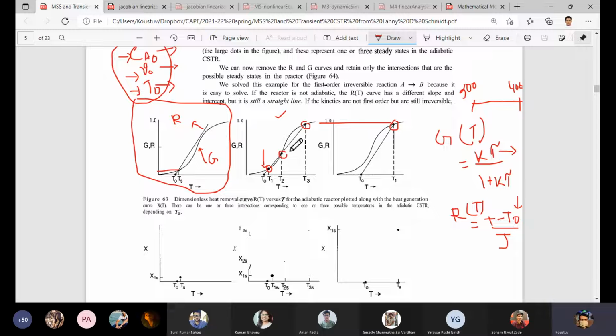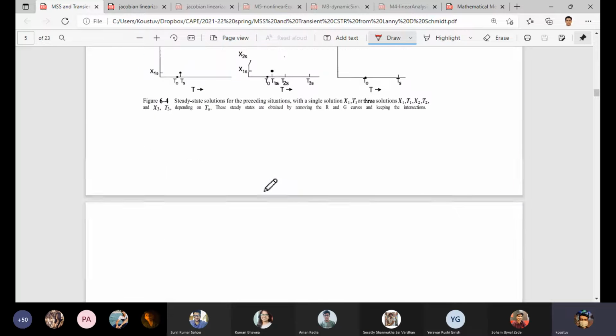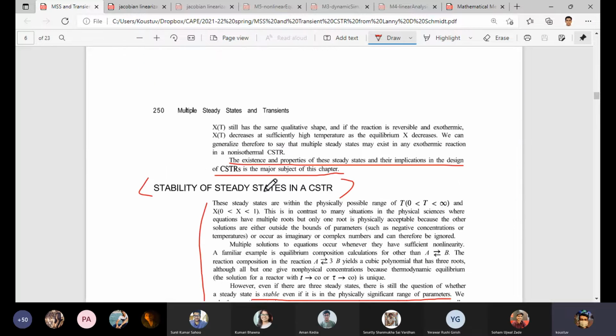But if we want to operate the system at an unstable steady state point, then we have to design a controller. So today that part will be completely understood by you: what requires that controller design, what parameters are required, and characterizing the steady state in terms of stability measurement, whether the steady states are stable or not. So these will be today's discussion points.